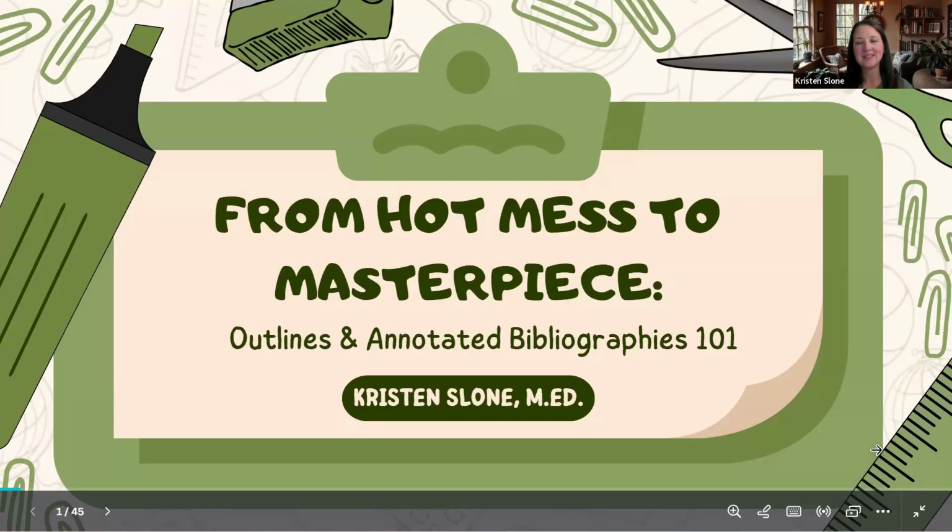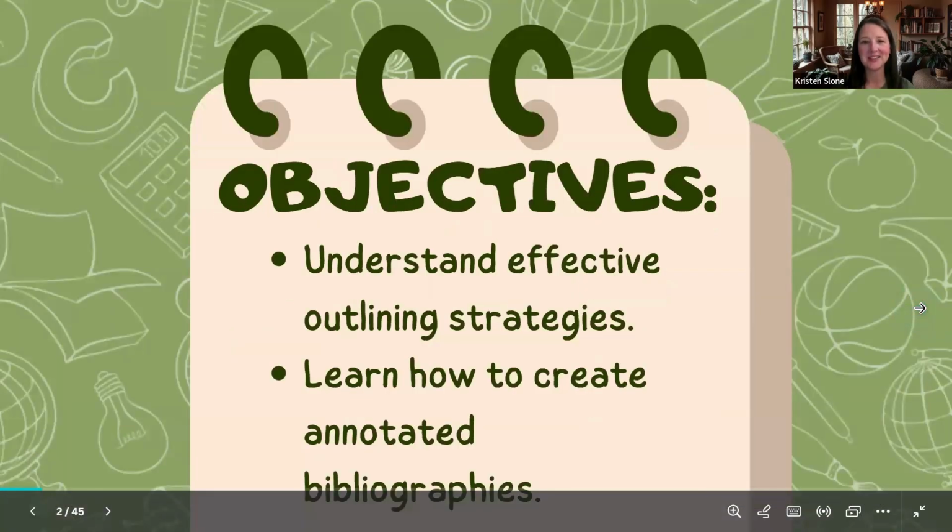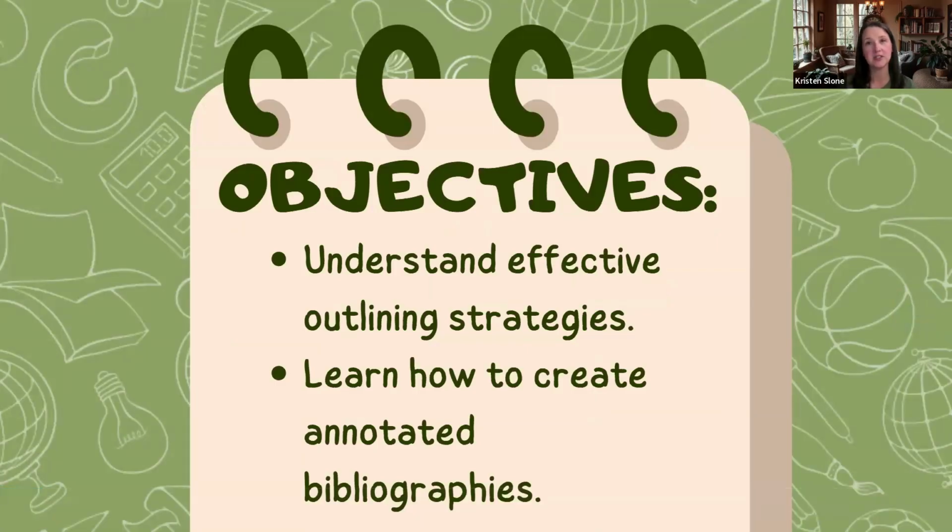All right, so I'm going to start tonight with some objectives. These are our goals for tonight's session. The first goal is to understand effective outlining strategies. It's going to be very basic, short, sweet, and to the point.